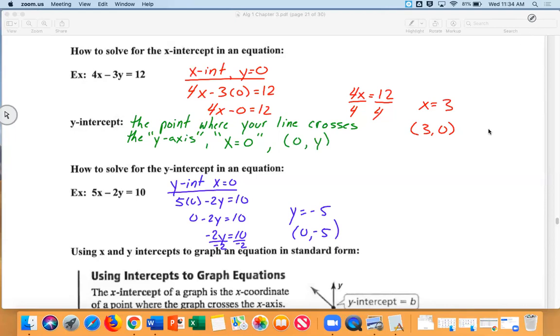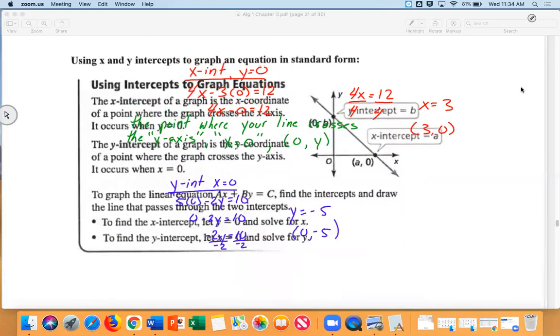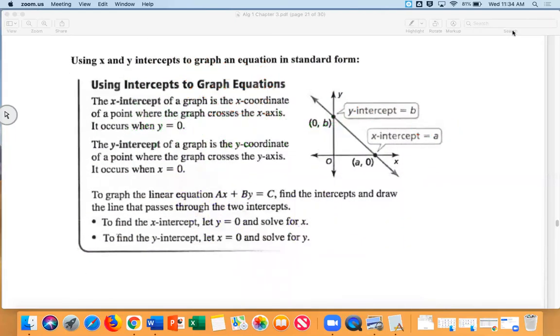Now that we have all of this, let's just look at this picture. There's nothing to write here. So we have our line, okay? Maddie, do you see this line right here? This line represents the line we're trying to graph. How many points do I need to make a line, Annie? 2.